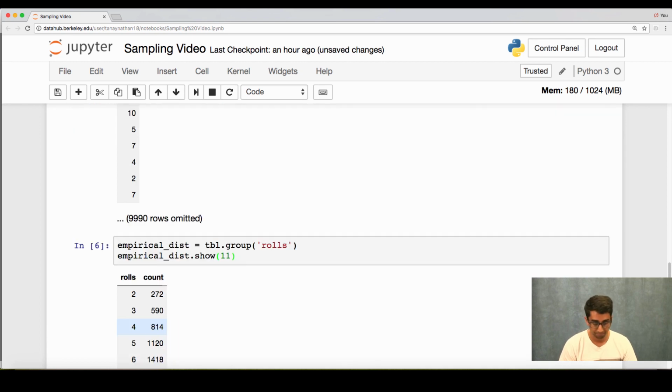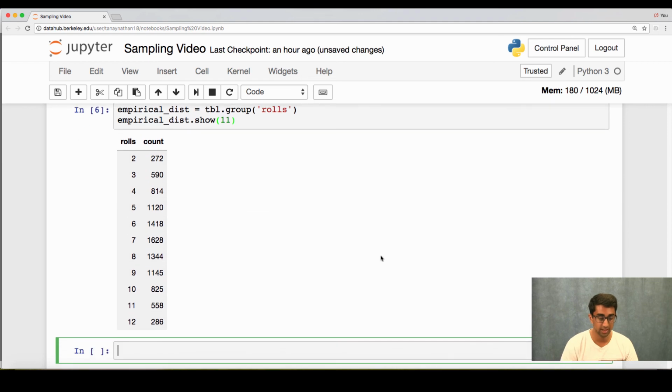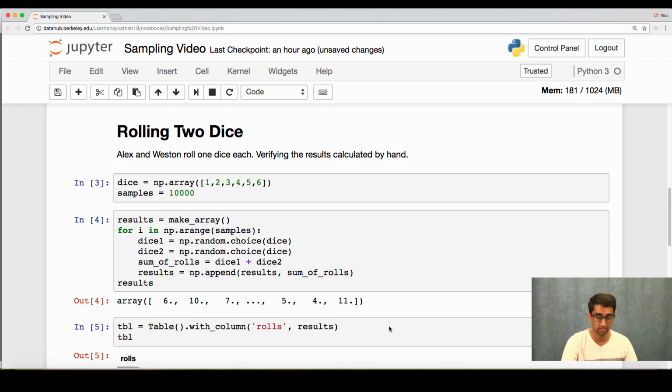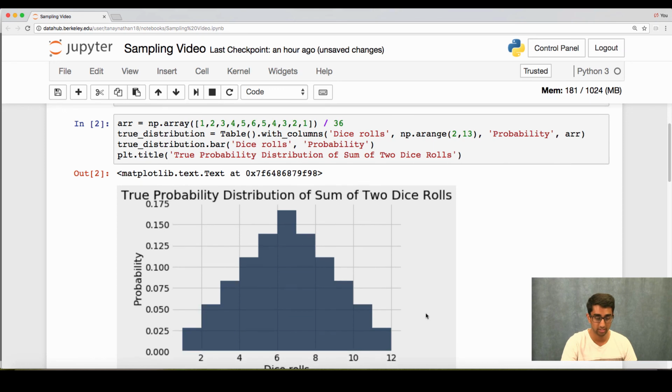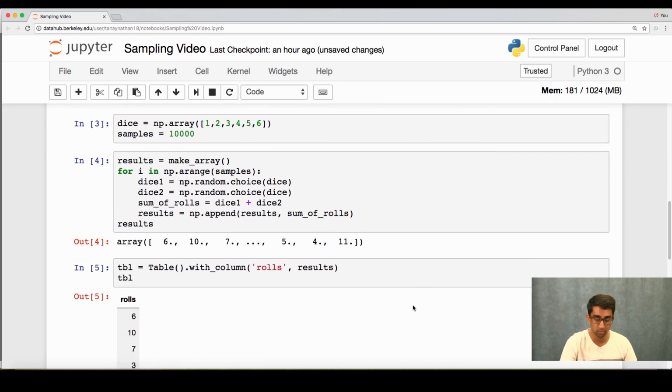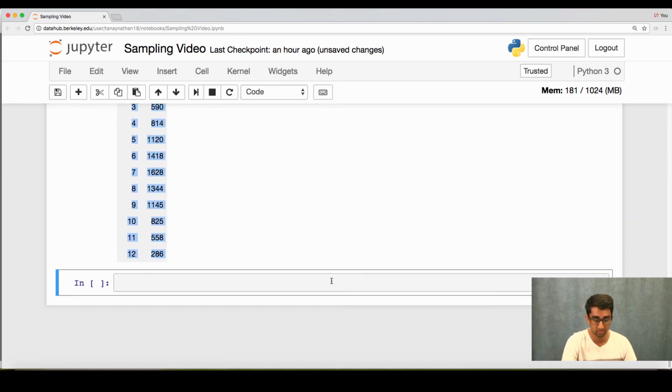I think there are 11, yeah. So now we have each one of the counts of the rolls, and if we just eyeball it right now, it looks very similar to what we have over here with the probability. But the way we want to actually display that is through a bar chart.